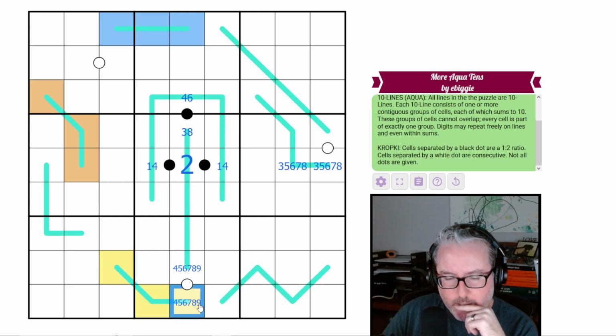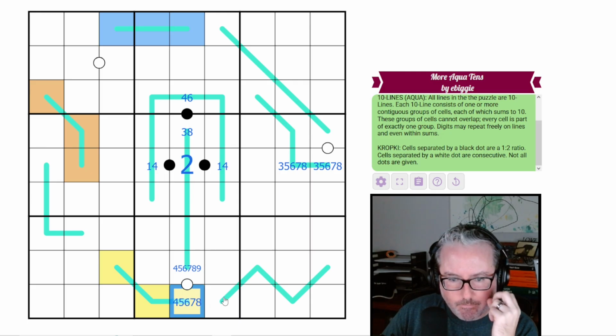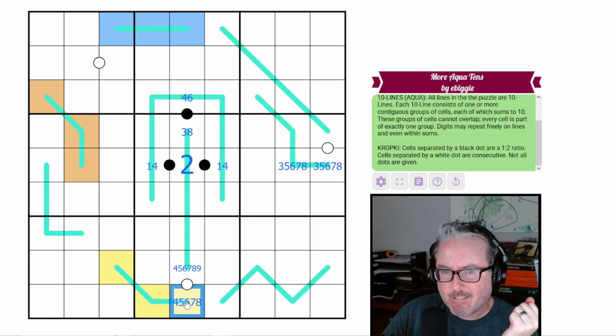Well, I guess we said this couldn't be the 9 because we can't divide those out like that. But we can't do anything further than that. Could this be a 4 or 5? Actually, it can't be a 4 or 5, can it?